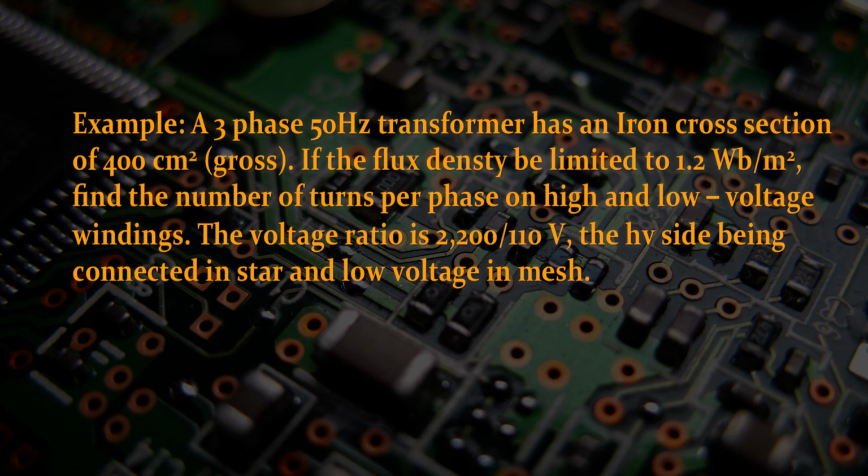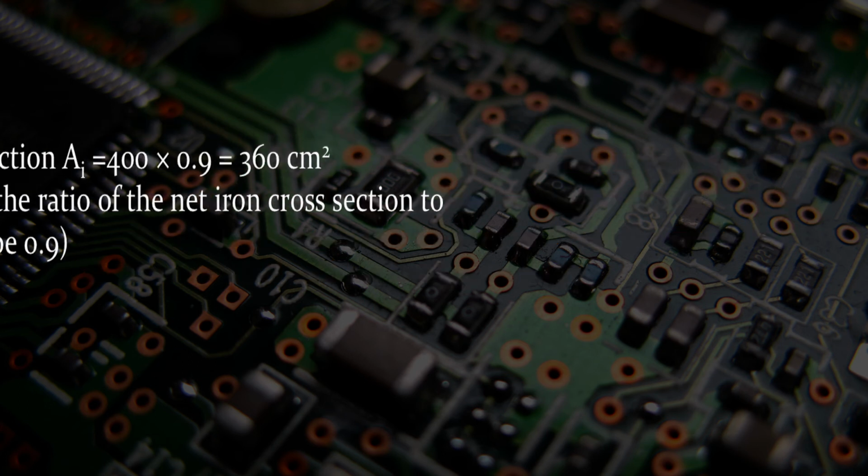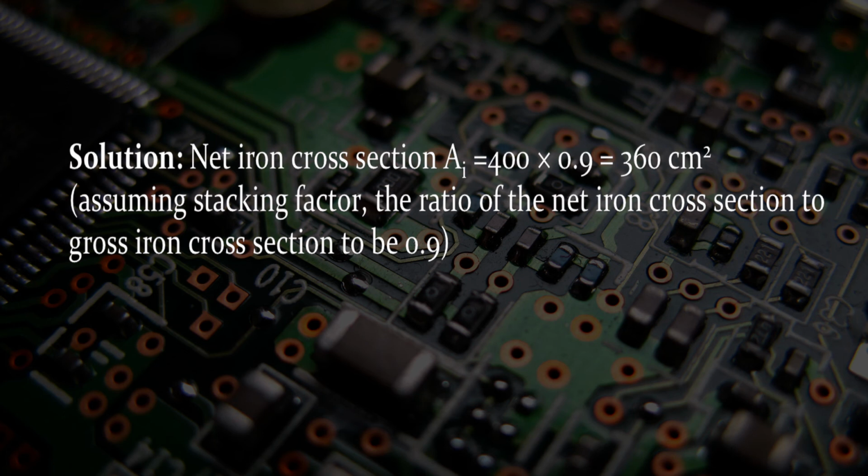First of all, you have to notice what parameters are given. Here the net cross section of iron, denoted by Ai, is equal to 400 into 0.9, which comes to 360 centimeter square.